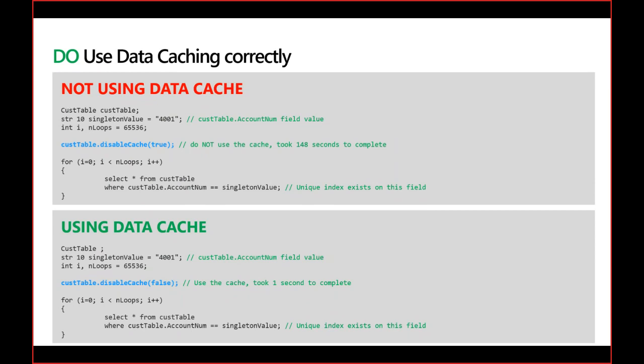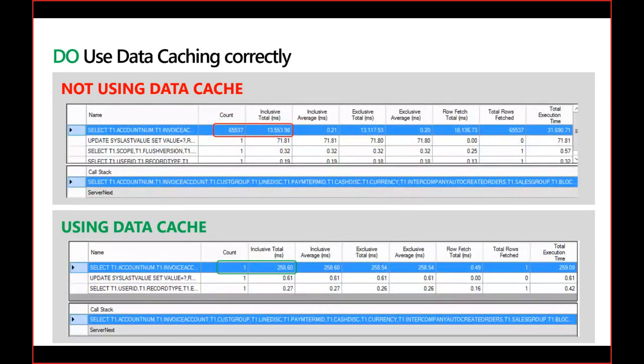Versus at the bottom, we make use of the caching and we do exactly the same code as at the top. The difference is, if you do the tracing, you can see that at the top we go 65,000 plus 65,000 times to the database backend. So more than 65,000 round trips to the database, if you add the latency between AOS and SQL.